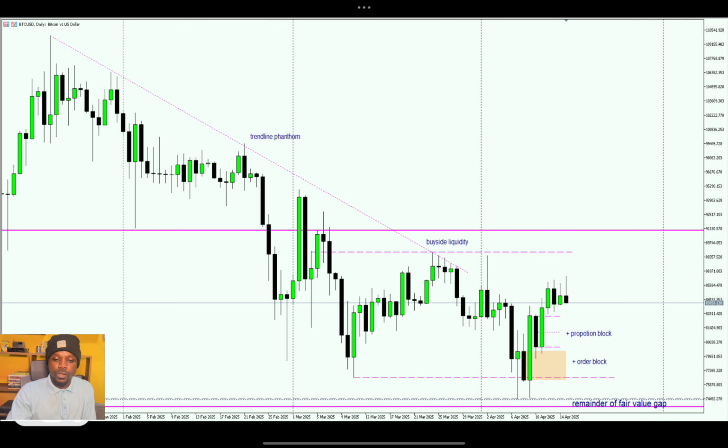Probably someone may be saying, or rather I'll be expecting price to instead go back and close in on the remainder of the fair value gap because it's a strong liquidity area. No, rather there are also more liquidity points resting above. You can see the trend line that I've drawn right in here. This is the retail mindset of trading trend lines.